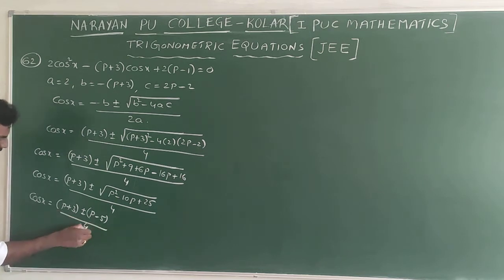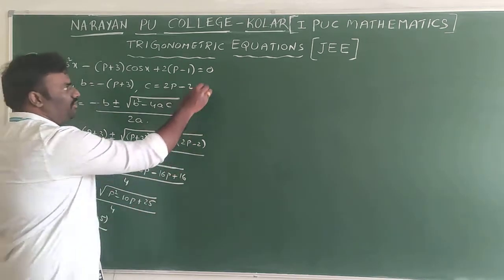So in this plus or minus, first I am taking plus. That option is not given, so I will go with minus. Then cos x, if you take minus, actually the p value will not come, that's why obviously I am taking plus 1. Now from this, (2p minus 2) by 4, if you take 2 common in the numerator, (p minus 1) by 2.